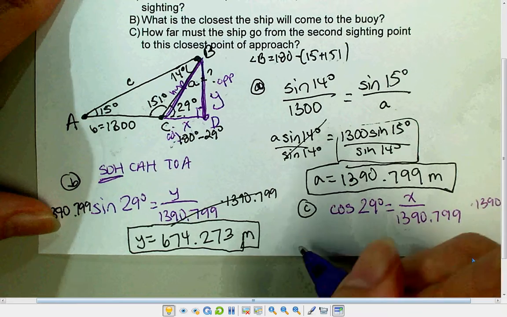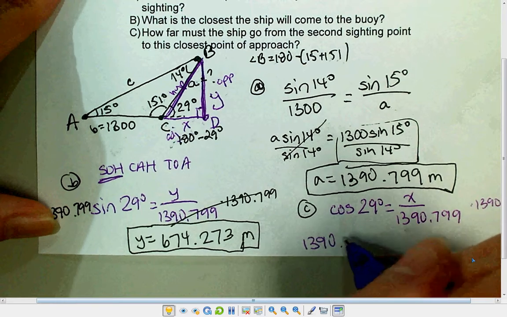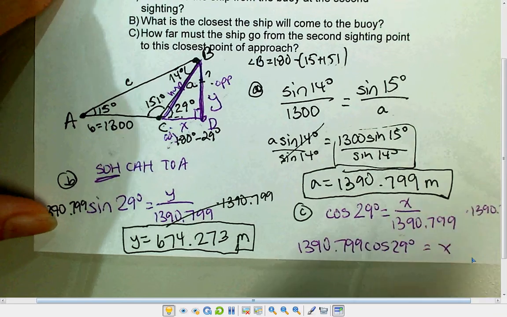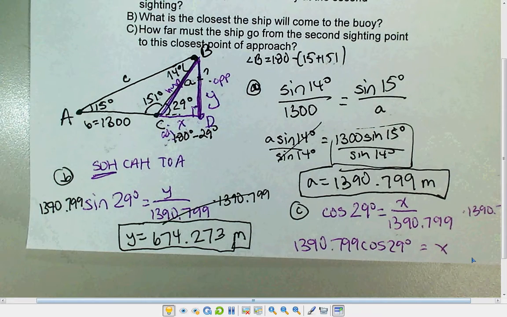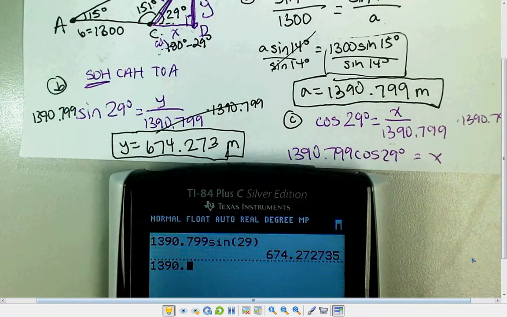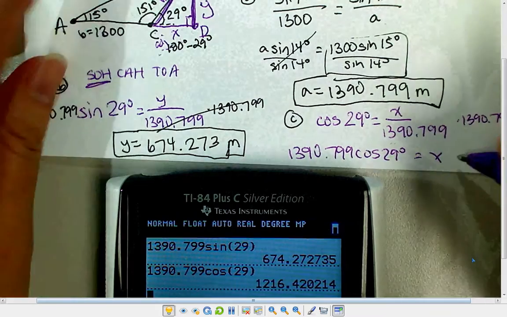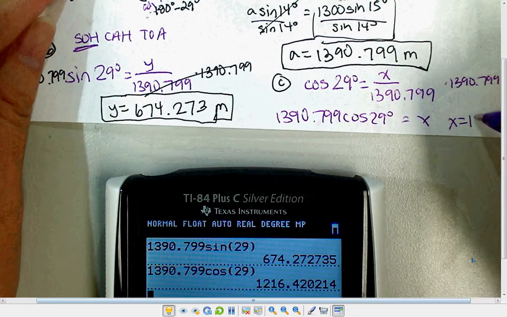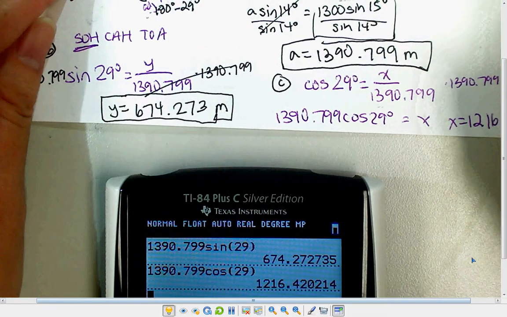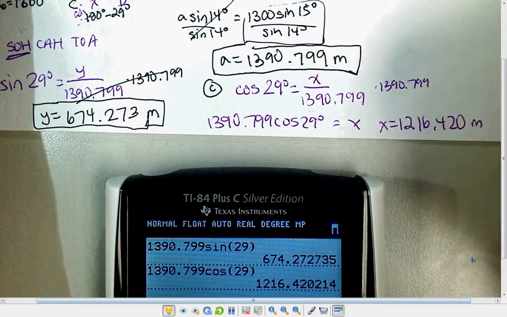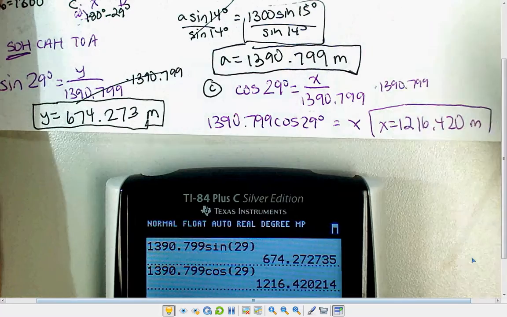So we're going to multiply both sides by 1390. And that's going to give us our X value. Plug it into our calculators. And we get X is equal to 1216.420. Again, meters, since we're measuring distance.